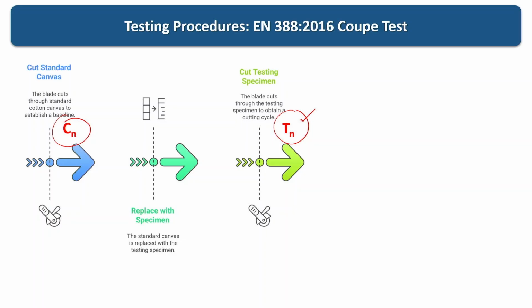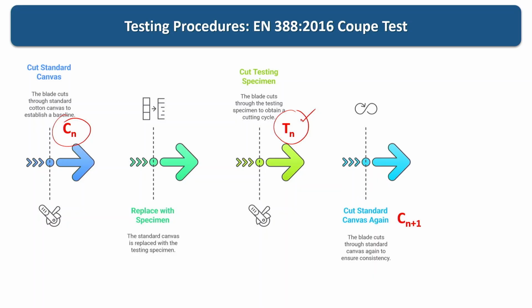After that we again place the standard canvas, the same canvas, for testing once again, and the blade cuts through the standard canvas again to ensure consistency. This number of cutting cycles is Cn plus 1.